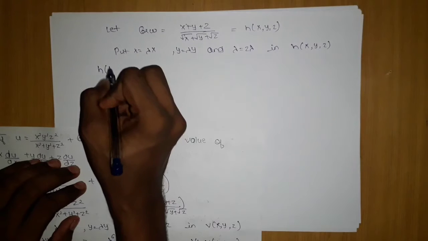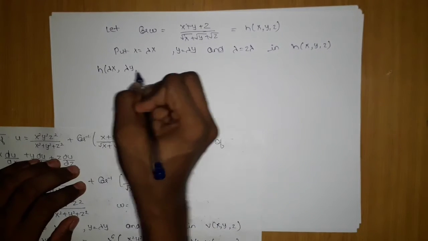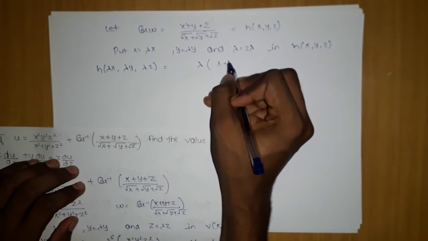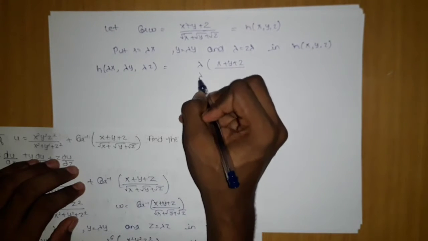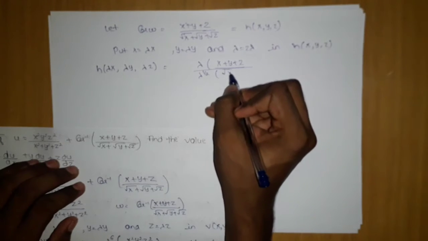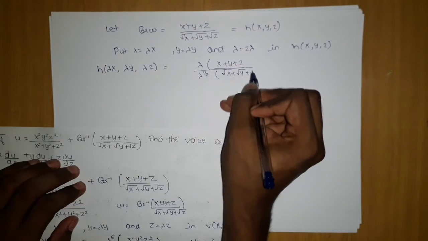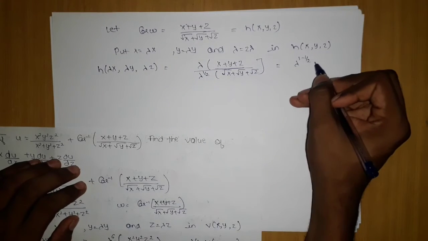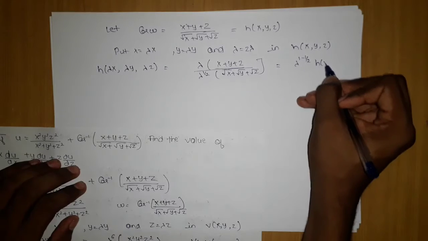Then you will get h of lambda x, lambda y, lambda z equals, here you will take lambda outside from x plus y plus z. Here you will take lambda power 1 by 2 outside, which will give you under root x, under root y, under root z, so lambda power 1 minus 1 by 2 into h of x comma y comma z.